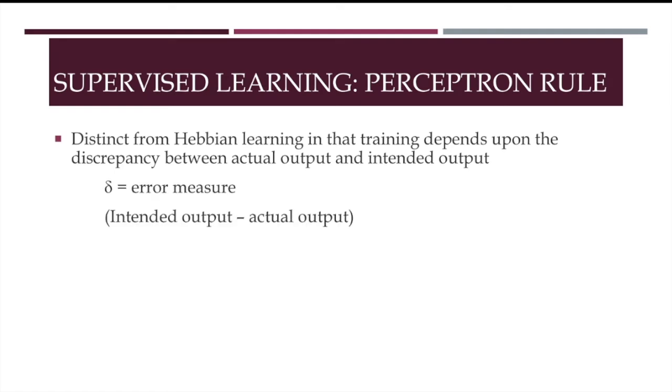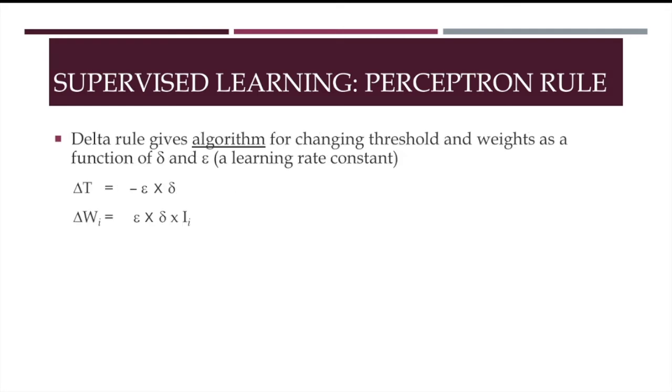And so it contains a delta, which is an error measure, and is calculated by subtracting the actual output from the intended output. And well, the delta rule or perceptron rule gives us an algorithm for changing a threshold and weights as a function of delta and E, which is a learning rate constant, which tells you how fast your learning is going to go.